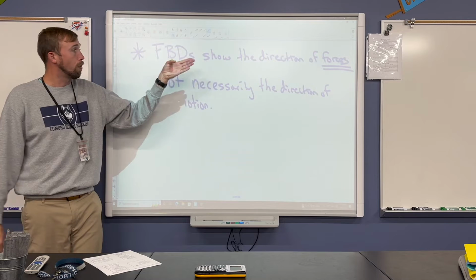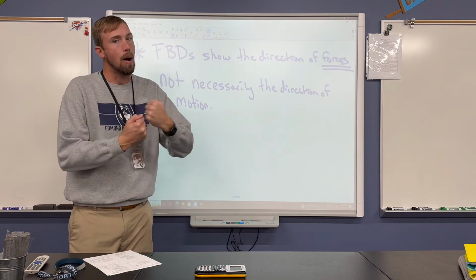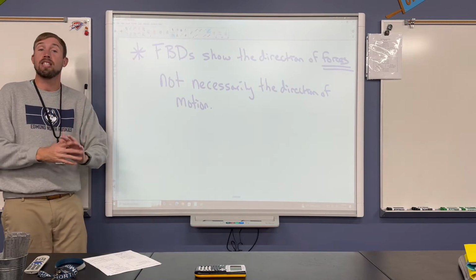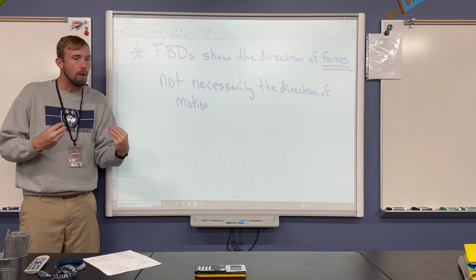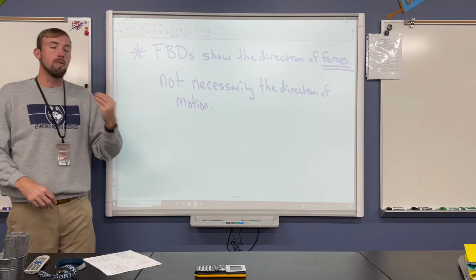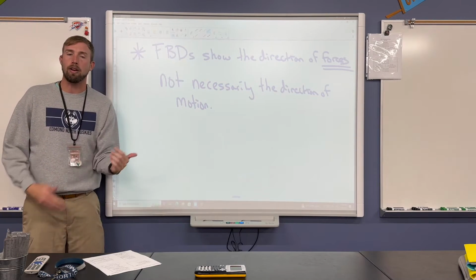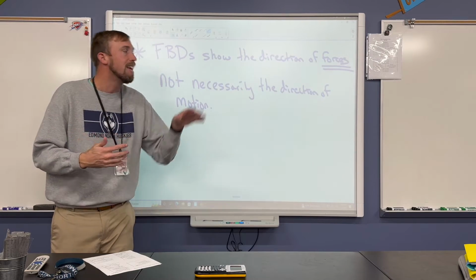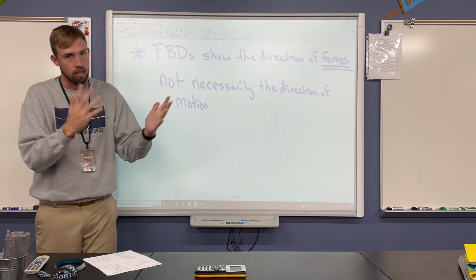Really, the free body diagram shows us how the object will accelerate, not how it's actually moving, like what its speed is, whether it's moving or whether its velocity is left, right, up, or down. Now, that may not land as well now, but as we start to look at a few more examples, I'm going to come back to this phrase and I want you to have it in your notes. The free body diagrams show the direction of forces and acceleration, not the direction of velocity, the way an object moves, left, right, up, or down.